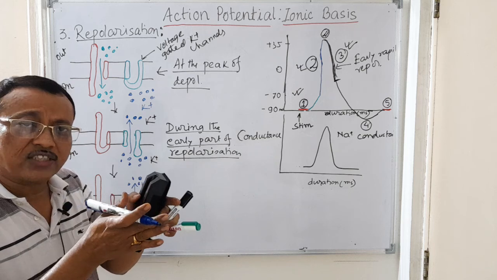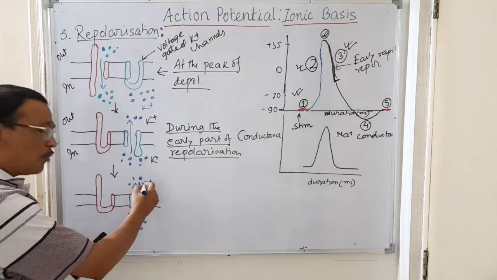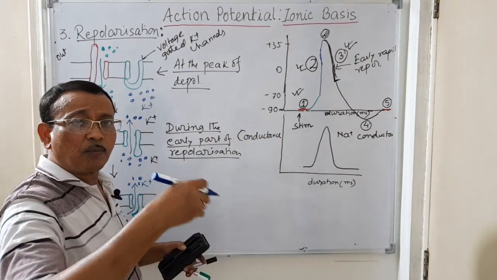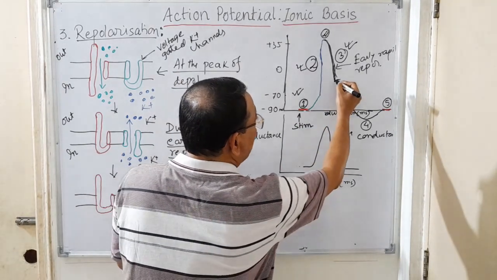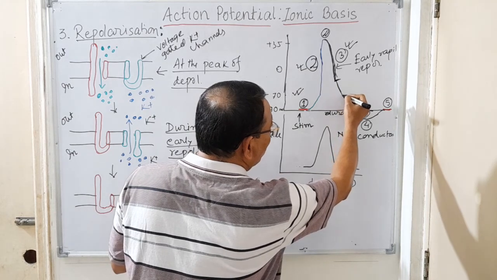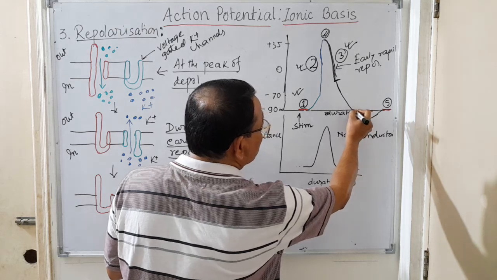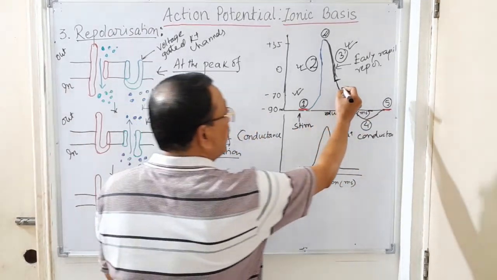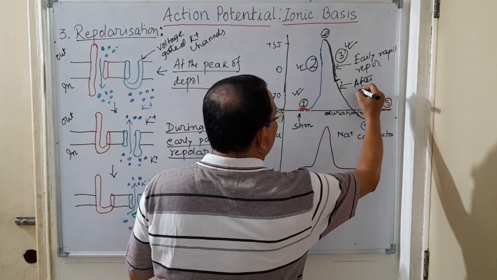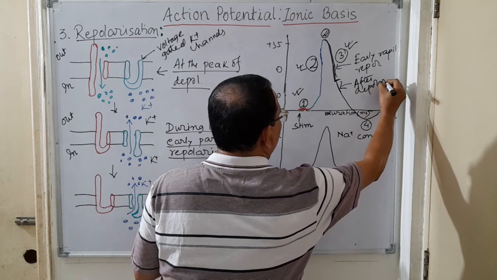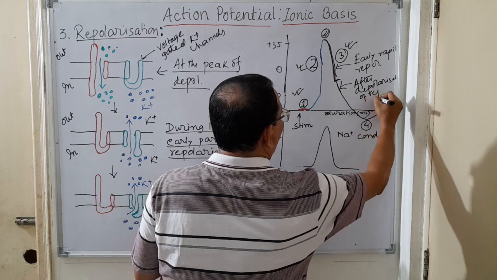So closing of the gate results in slower exit of the potassium ion. This slower exit of the positive ion will result in a slower fall of the electropositivity and slower reappearance of the electronegativity towards the resting value. So this is the part which is known as the after depolarization of the repolarization phase.